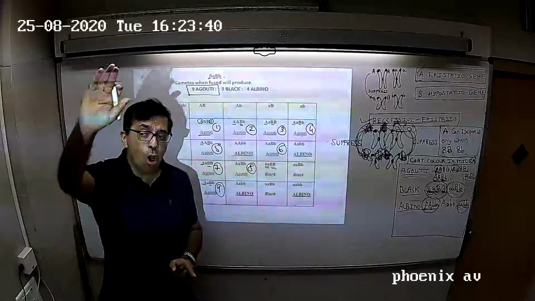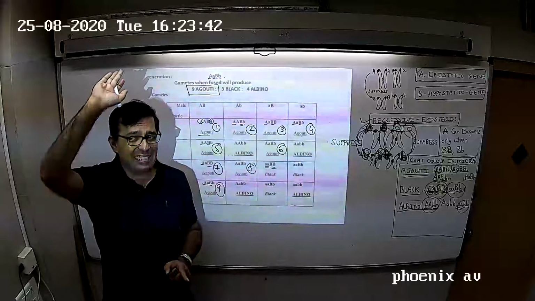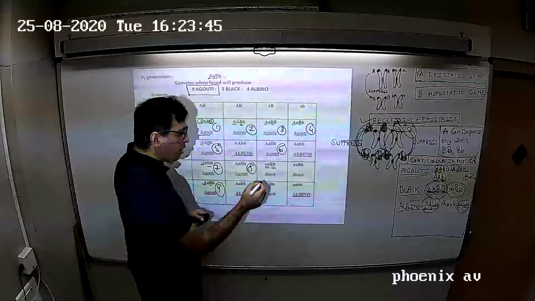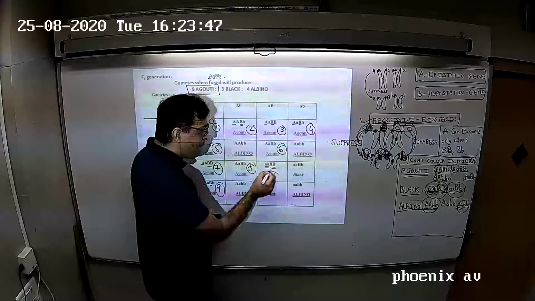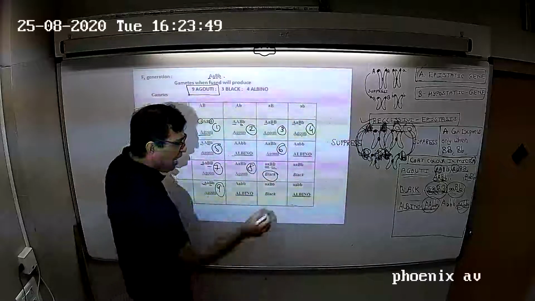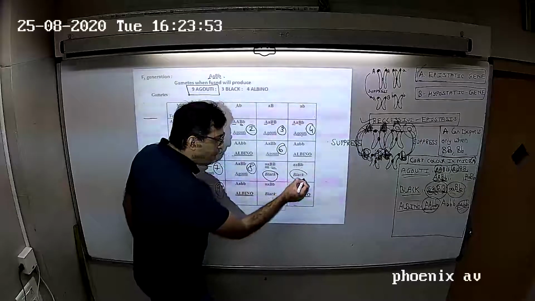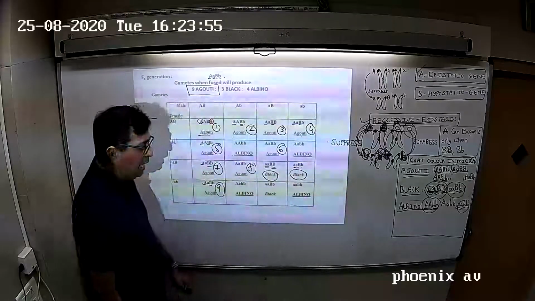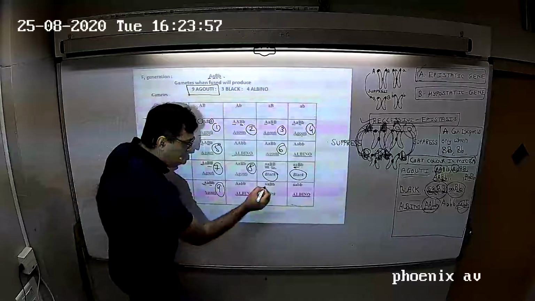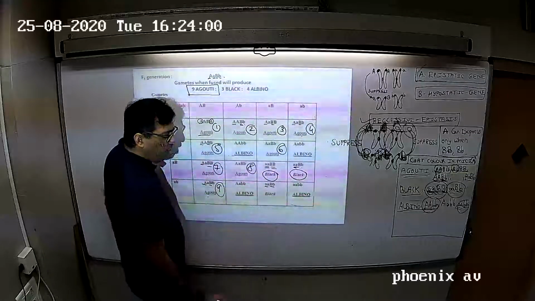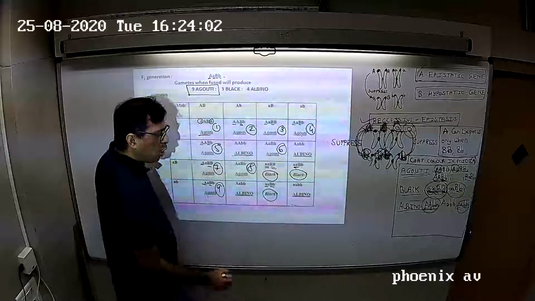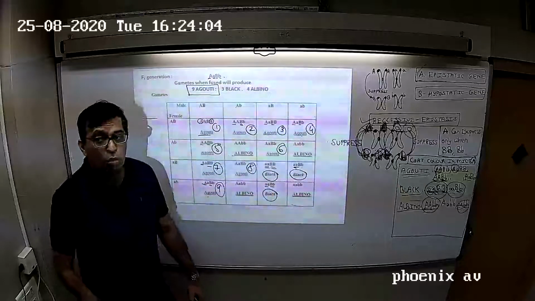So no recessive epistasis. And what will small a form? Black. What will small a, capital B, small b again form? Black because of small a. Again, black because of small a.